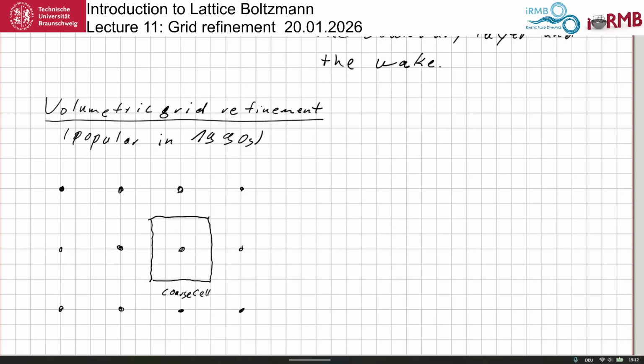Now this coarse cell can be transformed, when we are in 2D, into 4, and when we are in 3D, into 8 fine cells. They cover this kind of volume. These are the fine cells.